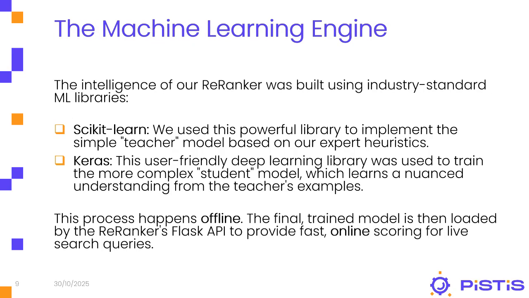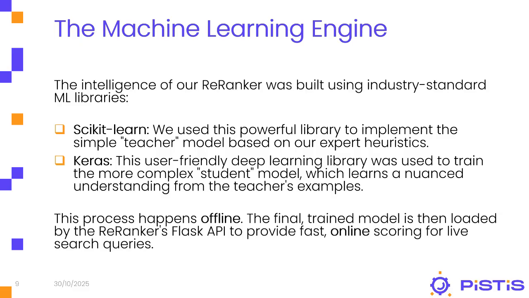Now for the machine learning engine. The intelligence of our re-ranker was built using industry-standard ML libraries. First, we used scikit-learn, a powerful library, to implement our simple teacher model that was based on our expert rules.